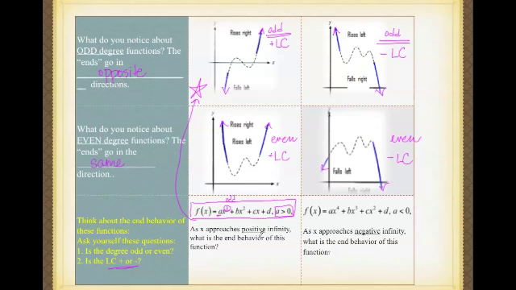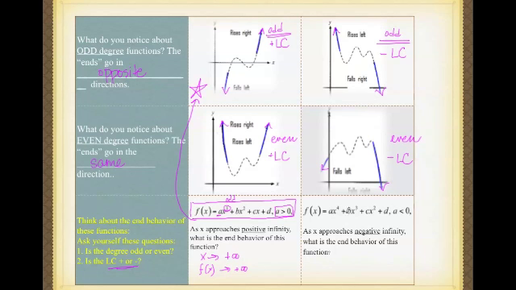As x approaches positive infinity, what is the end behavior of this function? It's going to be that as x approaches positive infinity, the function is going to approach positive infinity. Because I can look up here at that top one and know that's my pattern.